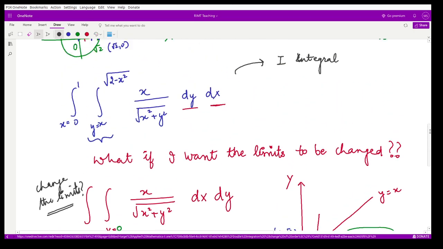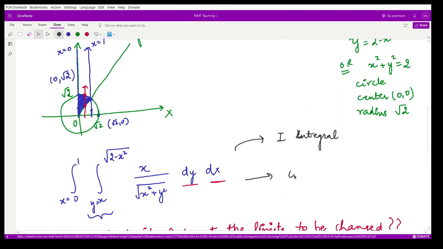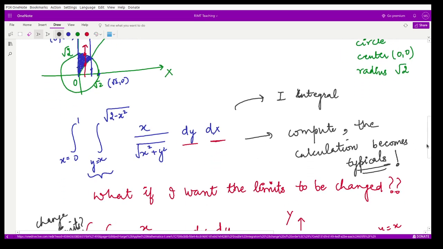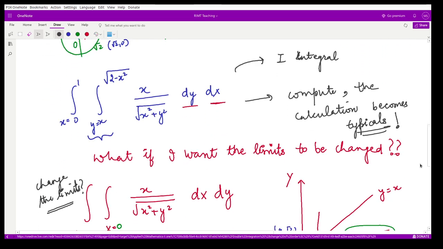So the reason here is, when you compute this, the calculation becomes typical. So that is why in various geometries it is easier to solve the integral by firstly changing the limits, or changing the order of these limits.